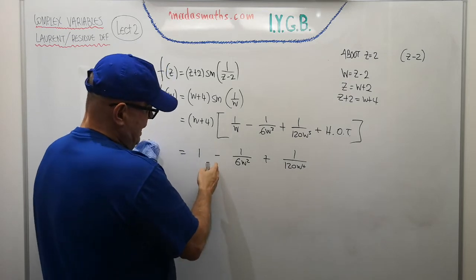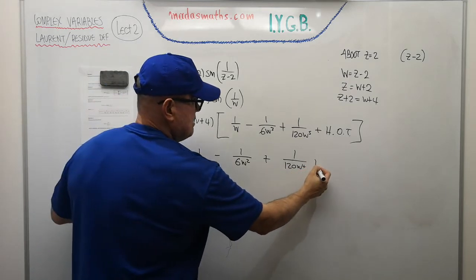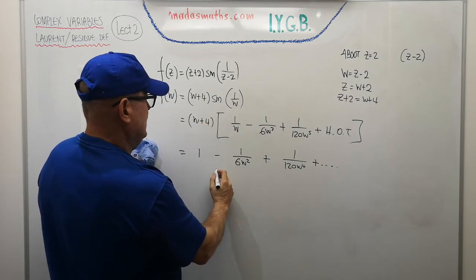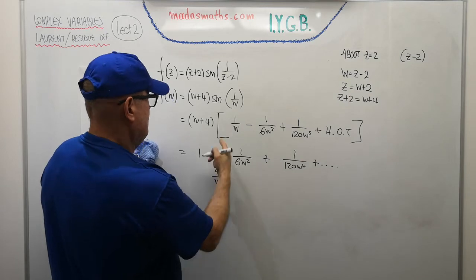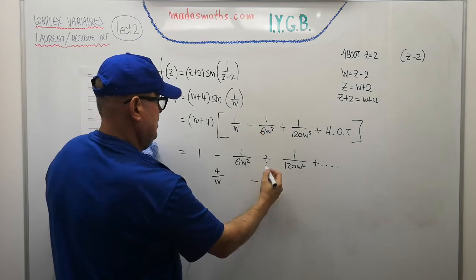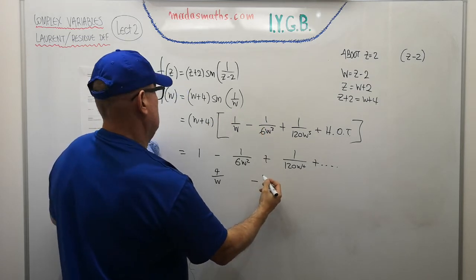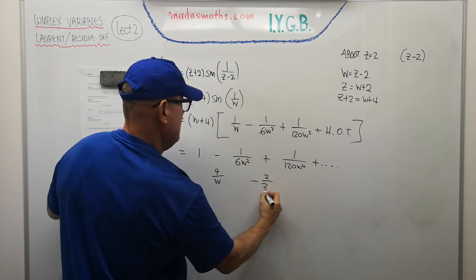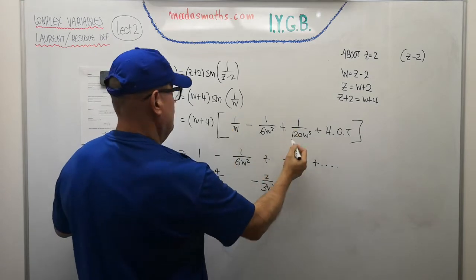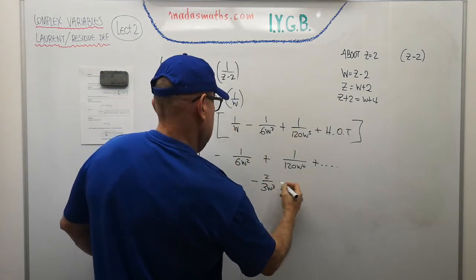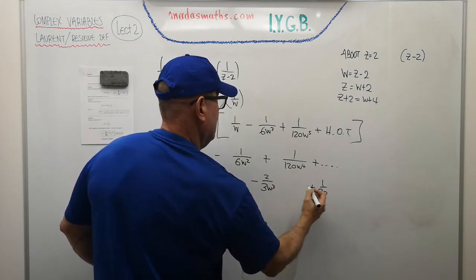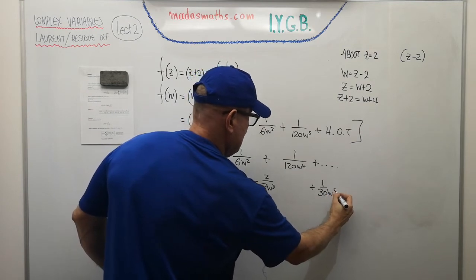So I'm going to put them on the gaps here. Of course, it's plus dot, dot, dot if you want. And 4 over W, a natural place to put it is here. 4 over W minus 4 over 6, let's cancel it, 2 over 3 W cubed, so that's in between those two, and then I get 4 over 120, which is a 30th, so that's going to be plus 1/30th. And the power, of course, doesn't change, it's going to be W to the 5.